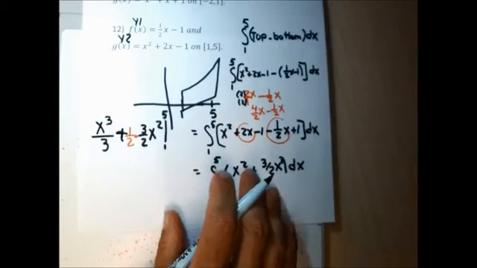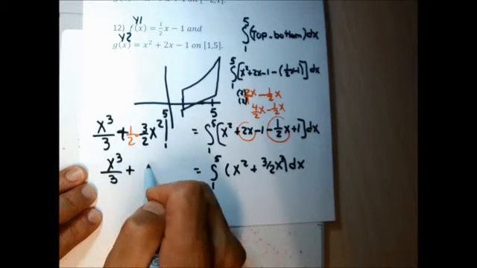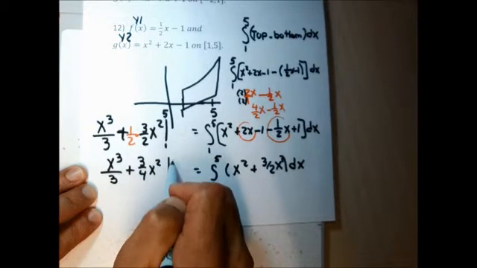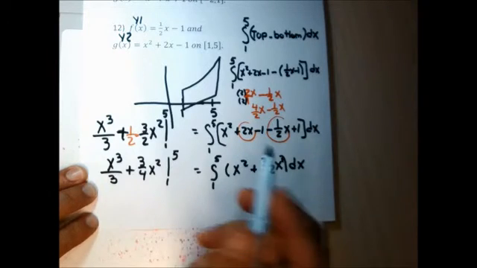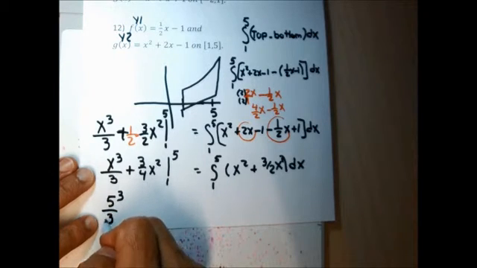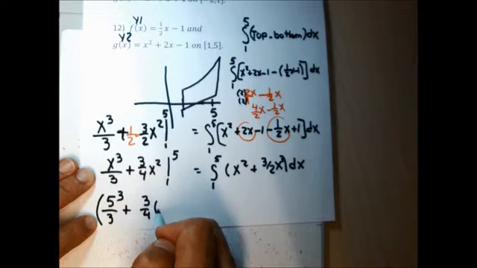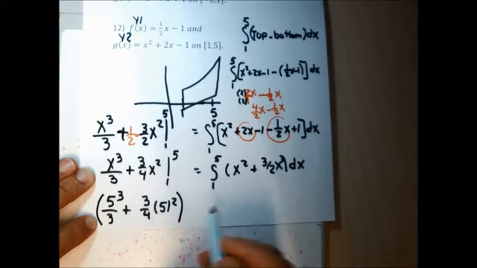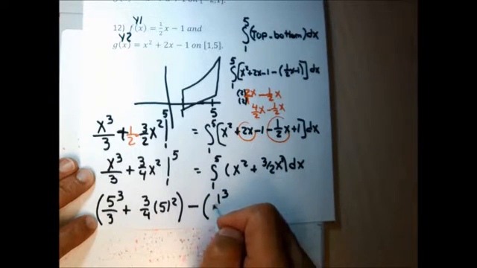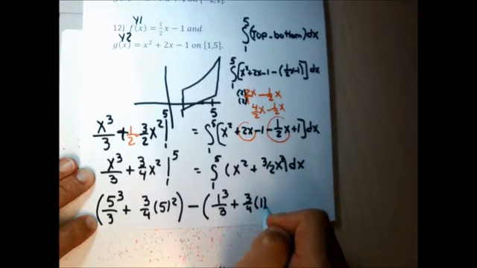So this is going to be x cubed over 3 plus 3/4 x squared evaluated from 1 to 5, which means I have to first find 5 cubed over 3 plus 3/4 times 5 squared, get a number for that, and then subtract what you get when you do 1 cubed over 3 plus 3/4 times 1 squared.